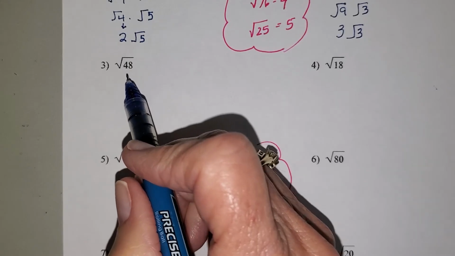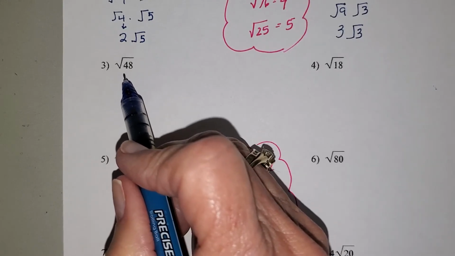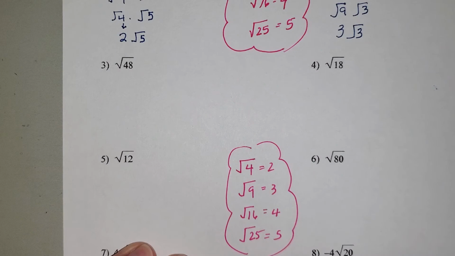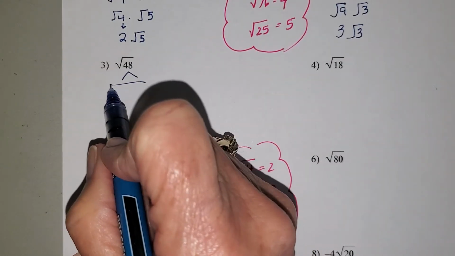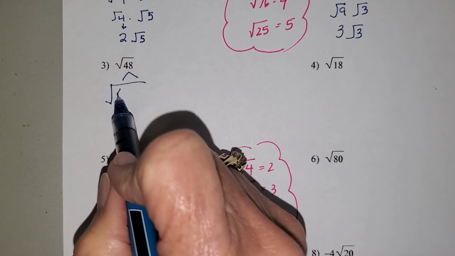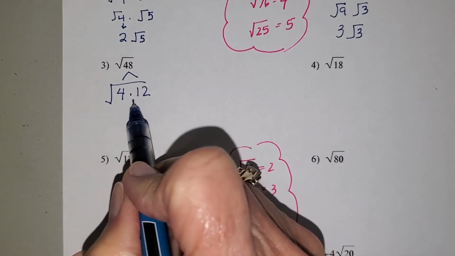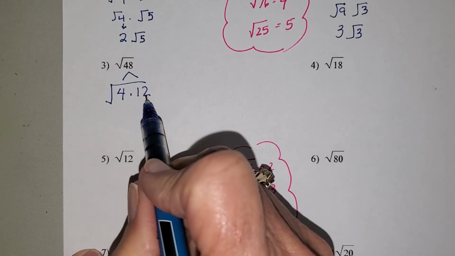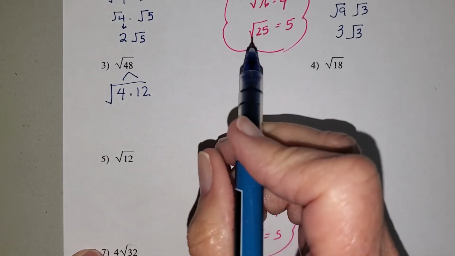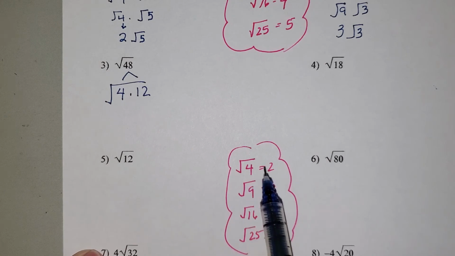48. Now you might notice that 16 is a factor of 48, but if you don't notice that, that's okay. We can factor this. 48 is 4 times 12, right? 4 is a perfect square. Can we factor 12 using a perfect square? One of these perfect squares here.